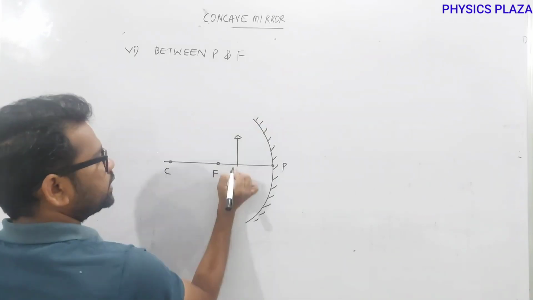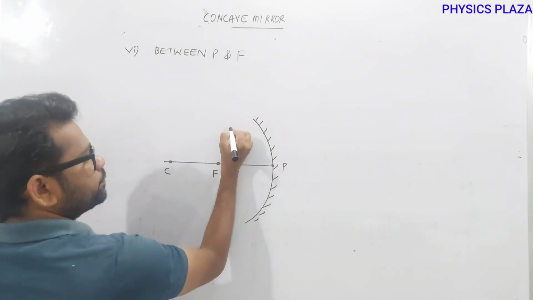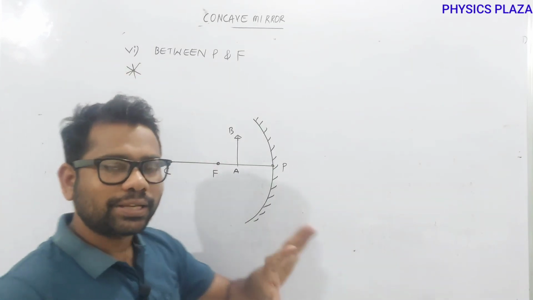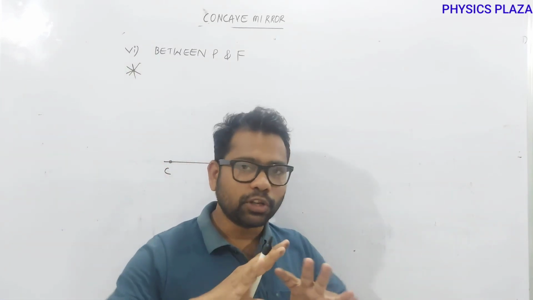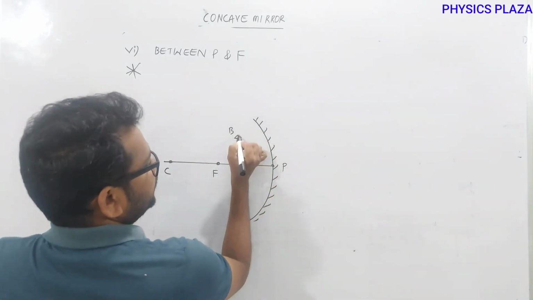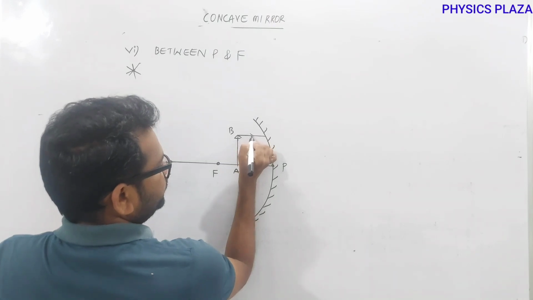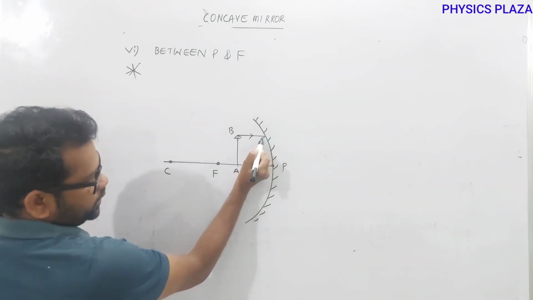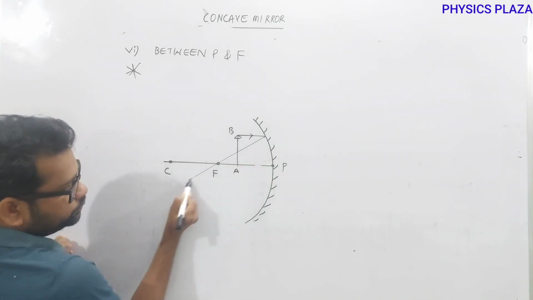Let us see A, B. Children, very important. Now let us take 2 convenient rays. Let us follow the same method. There is no difference in the method. The light ray which is moving parallel to the principal axis, after reflection it has to pass through the focus only.